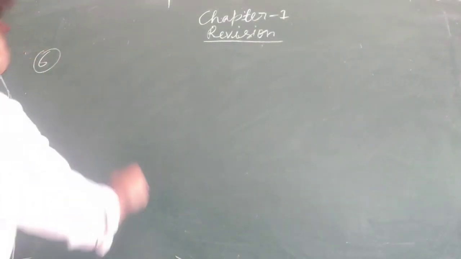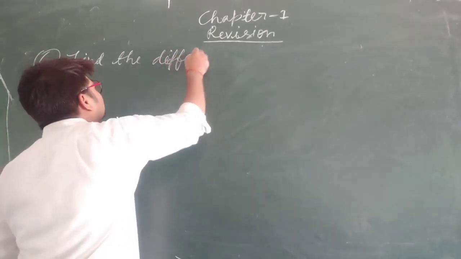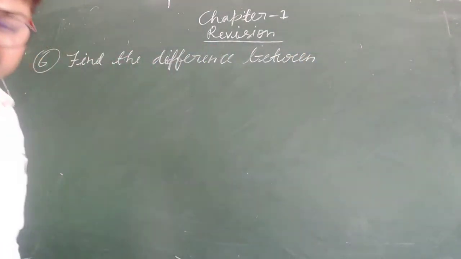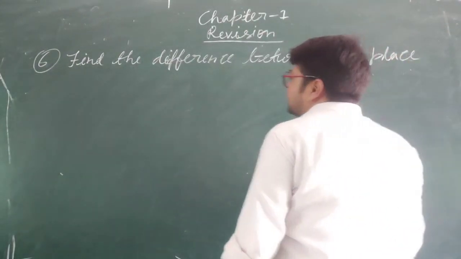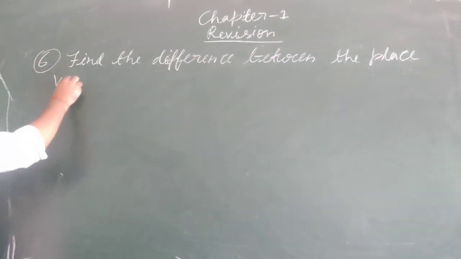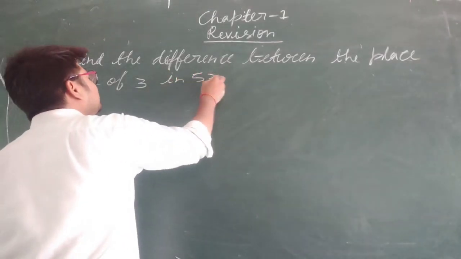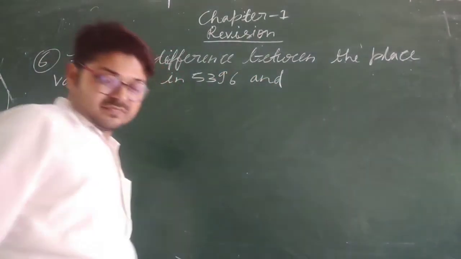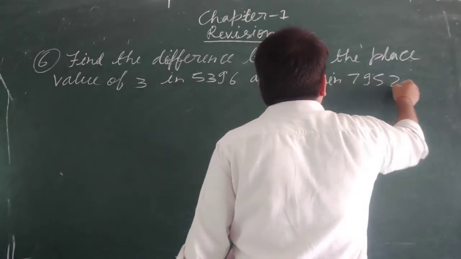Find the difference between the place value of 3 in 5,396 and 5 in 7,952.